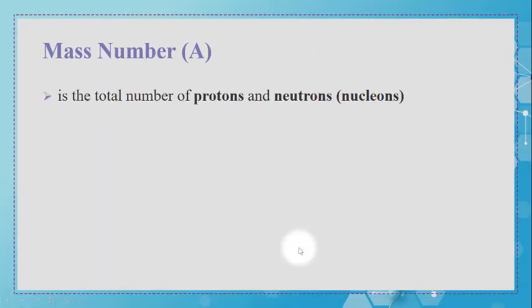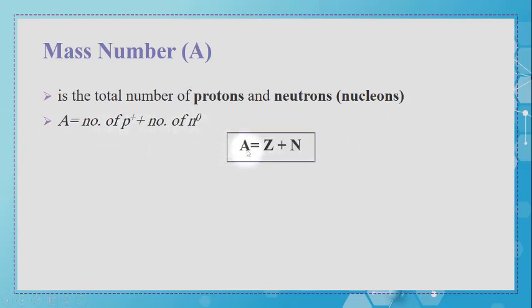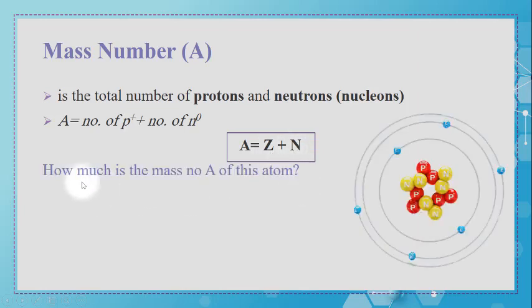The mass number A. A is the total number of protons and neutrons, the number of nucleons. A equals number of protons plus number of neutrons. As a rule, A equals Z plus N, where A is the mass number, Z is the atomic number, and N is the number of neutrons.